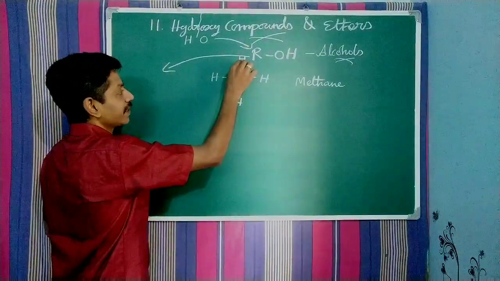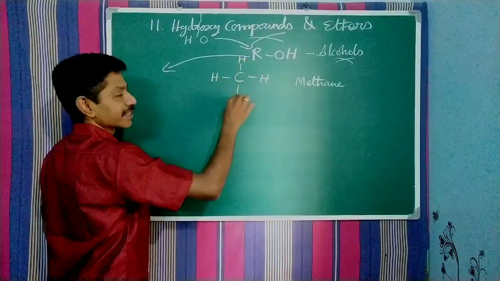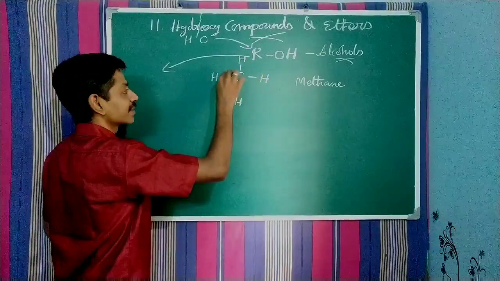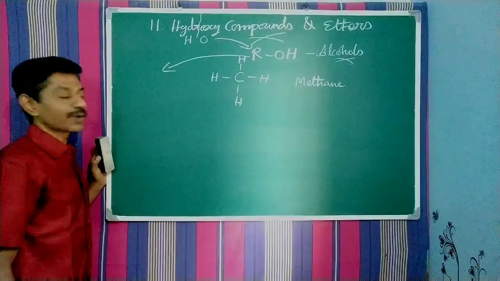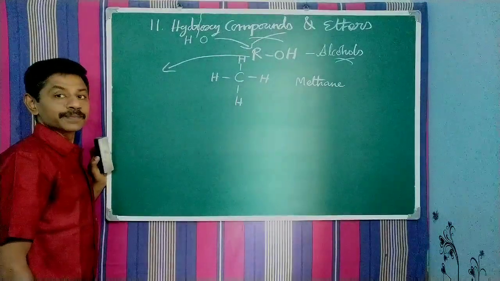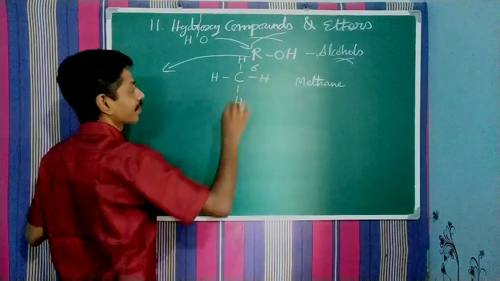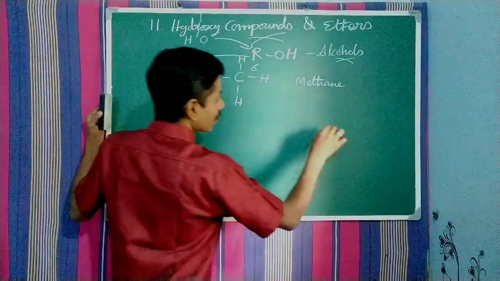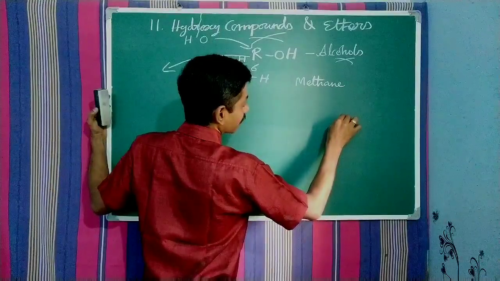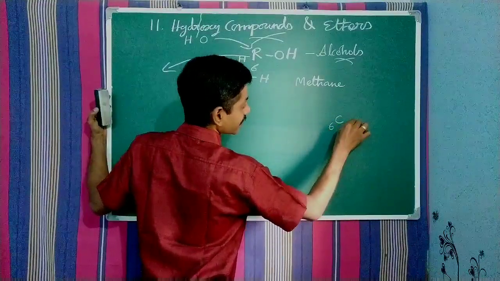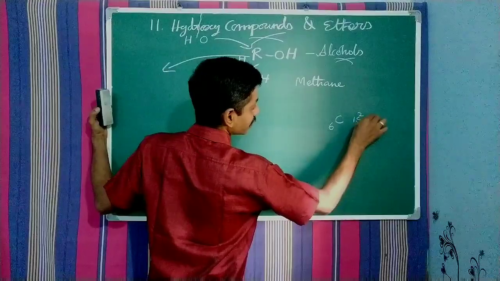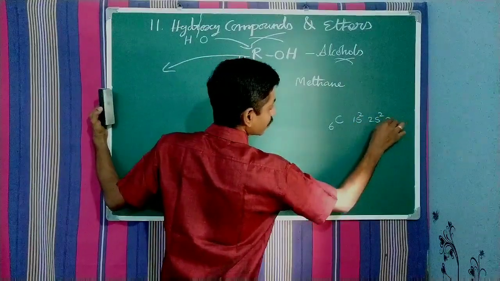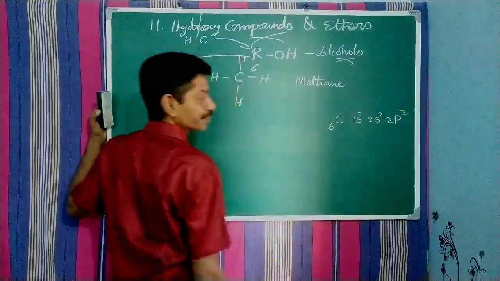And methane has 4 hydrogens, all of them covalently bonded to the carbon atom with a sigma bond. All that we will be learning. Because as you know, carbon's atomic number is 6. If you go for electronic configuration, 1s2, 2s2, 2p2.